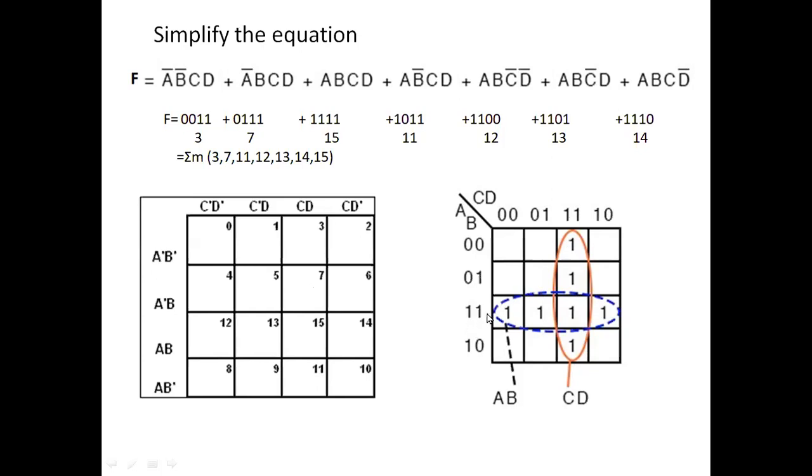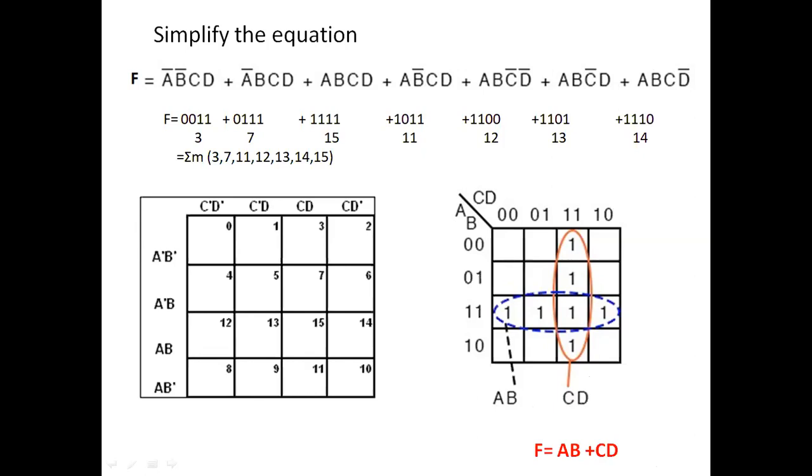And the entire row got selected here. Again, 1, 1 represents AB, so the solution here is AB. Now you have two product terms, each group representing a product term. You have to sum them up, or OR them, to get the final answer: F is equal to AB plus CD. See how complicated this equation is. When you saw the two variable K map, you might have thought to pair up the things very clearly and solve.